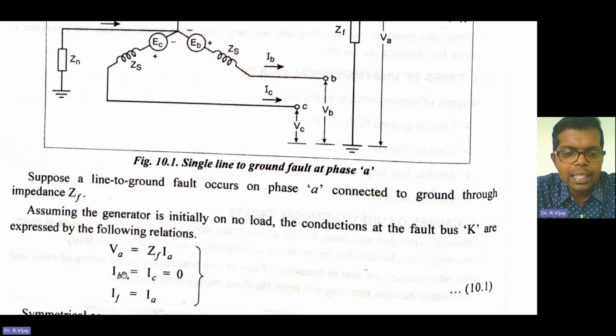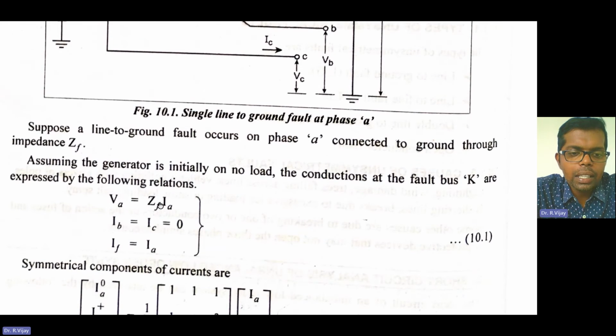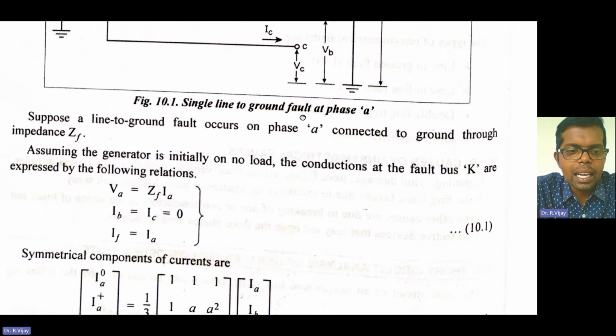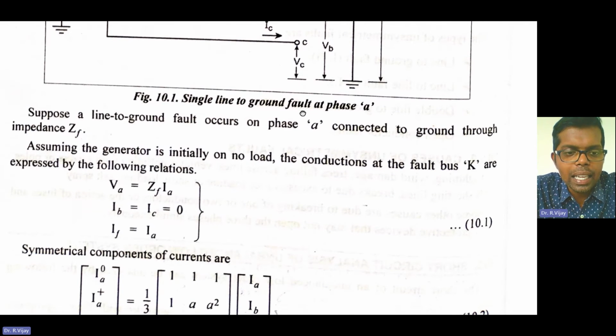The voltage at phase A is due to the fault impedance and the current IA, and we are assuming the currents at phases B and C are 0. The fault current IF is nothing but IA, because it is happening in phase A.